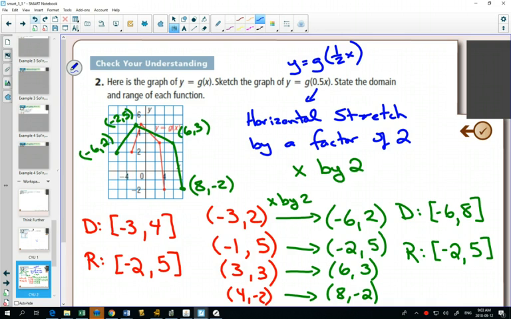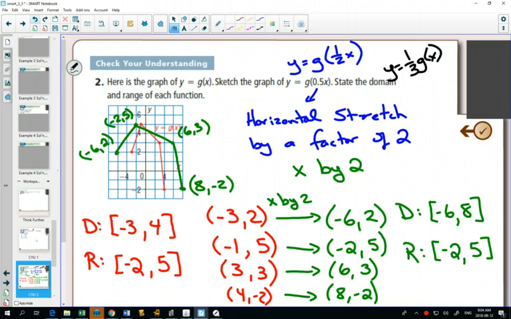So if I said, oh, let's do another example, and let's do y equals 1/3 of g of x. What does that 1/3 do? First thing we're always going to ask ourselves is, does this affect the x or does this affect the y? Okay? Since it's outside, we're going to say it affects the y.